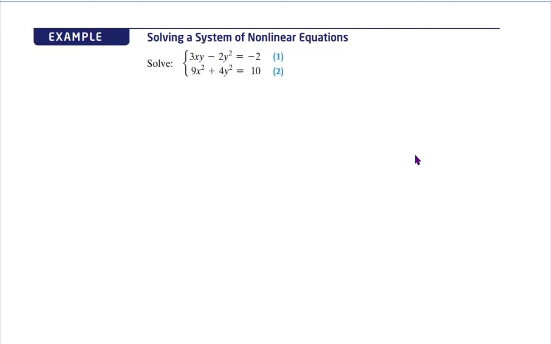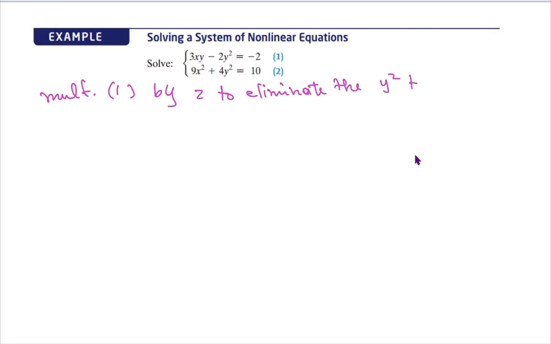All right, so let's multiply 1 by 2. In this case, this part will be gone, to eliminate y squared.